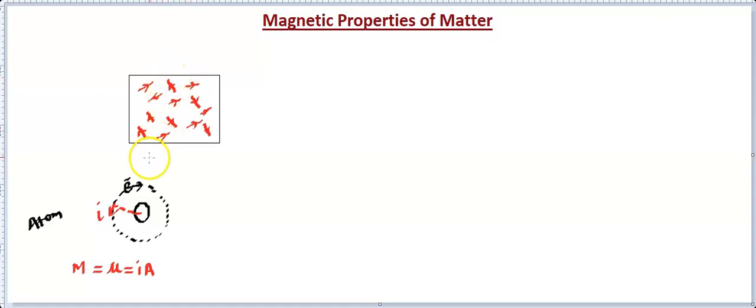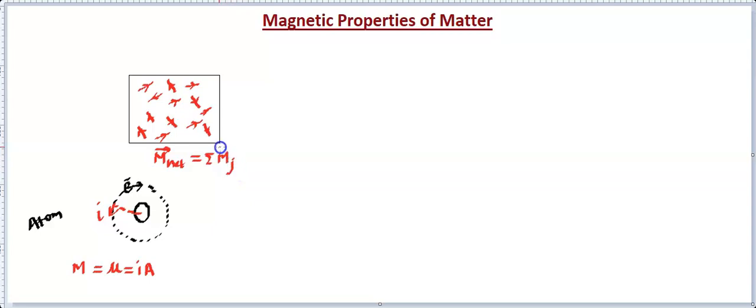So if we are looking for what the net magnetic dipole moment is going to be, when I write M net, that means the net magnetic dipole moment, it's going to be the summation of all individual magnetic dipole moments for each and every atom. I is just a number, so let me write it as j.